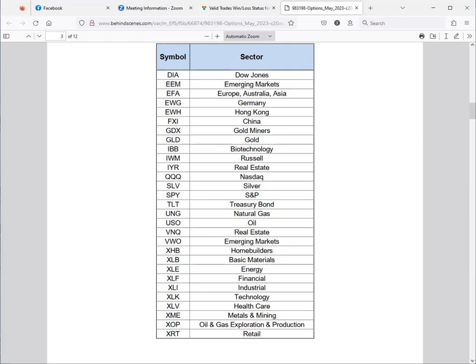Once again, these are the sectors we trade with options. These are the only sectors we trade with options. We chose these specific ETFs because they have enough liquidity in the options to accommodate our trading. There are many other ETFs that represent these same sectors, but maybe only two or three option contracts are traded a month, so we can't use those for trading options.